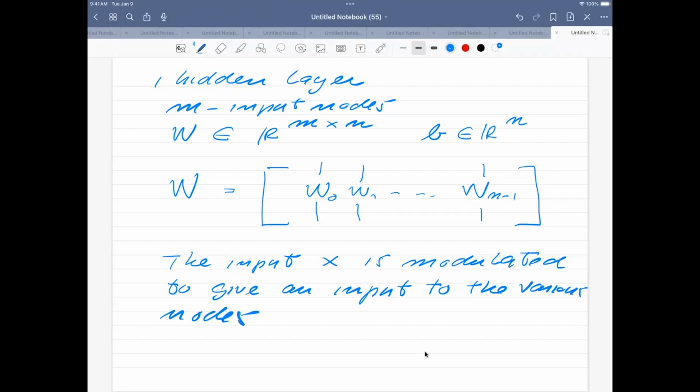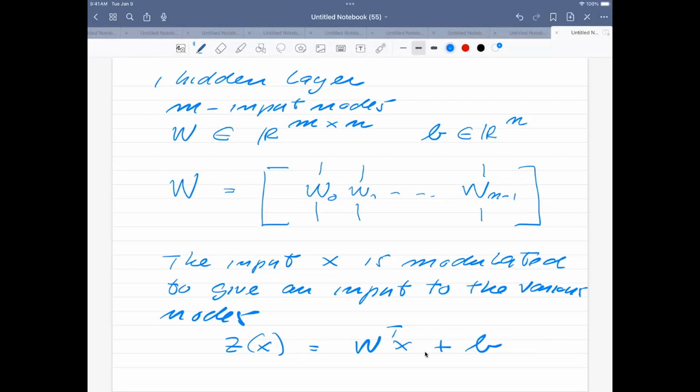And this is now modulated so that we have a z. And I'm now writing this as vectors or matrices. So I am not going to put vectors or things like that in bold face. I'm just simply going to say that from the context, you will see that this is either matrix or vector. And this is now given by the transpose of this one multiplied with x plus this bias. So this is z, which is now the input to the nodes in the first hidden layer.